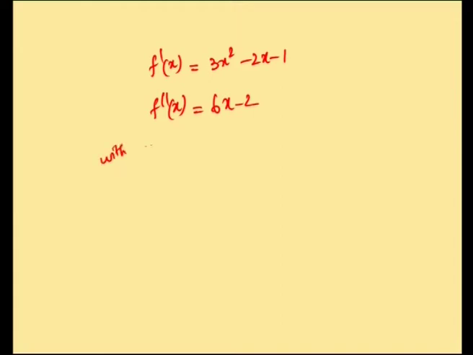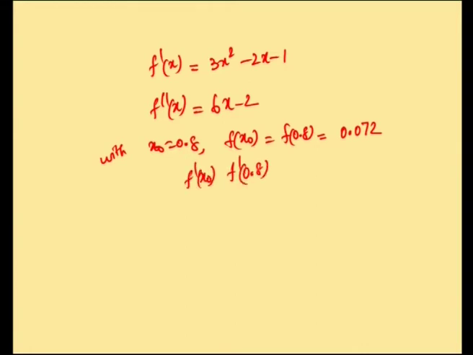With x naught equal to 0.8, f of x naught is f of 0.8, which is 0.072, and f dash of 0.8, that is f dash of x naught, equals minus 0.68.